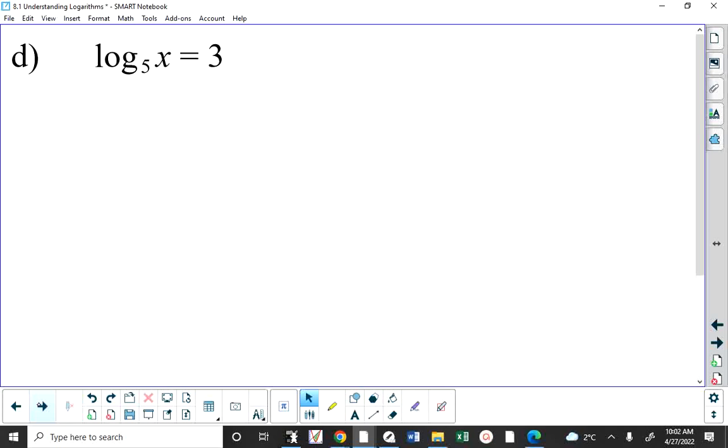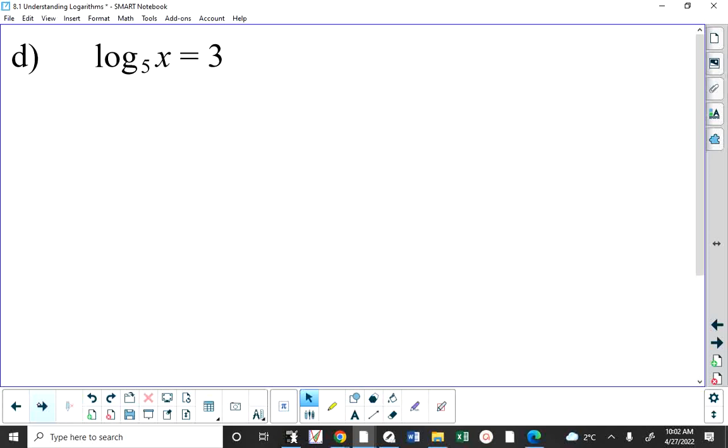D, I would like everybody to figure out what x is. The only thing that this really requires is that you can see that in exponential form or write that in exponential form. So how many of you got 125 without actually writing anything else down? You just maybe used your calculator or your head.